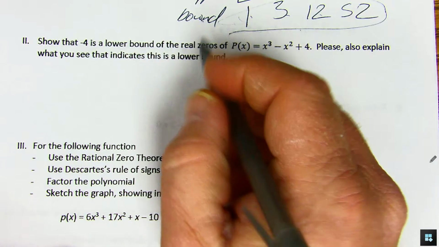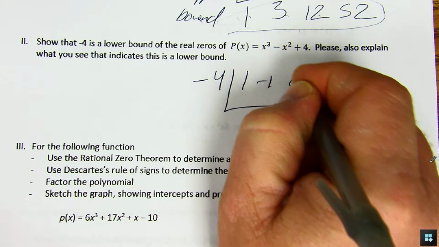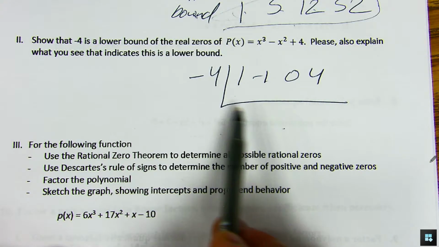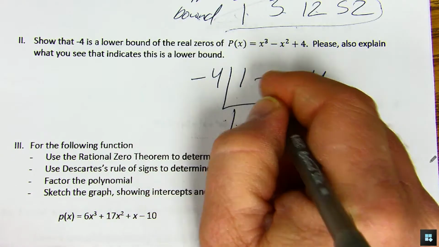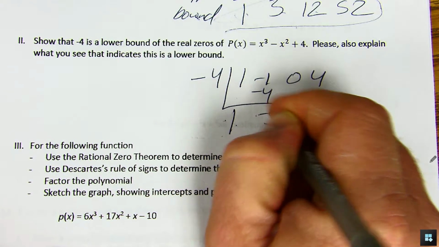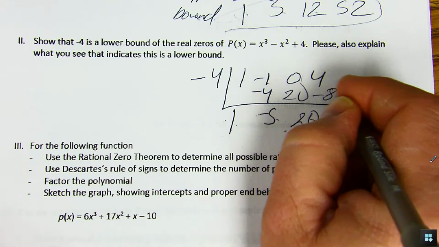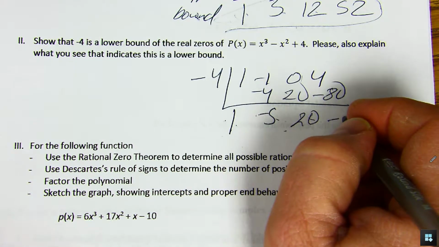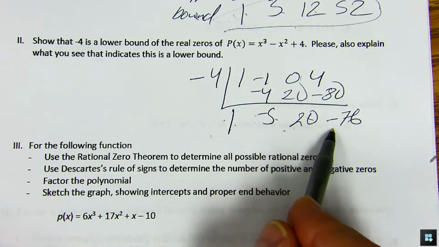Show that negative 4 is a lower bound. What you're going to do is again synthetic division, but now they should alternate: positive, negative, positive, negative. So drop the 1. 1 times negative 4, negative 4. Negative 5 times negative 4, 20. Add. 20 times negative 4, negative 80. That's going to be negative 76. Notice how they go positive, negative, positive, negative.